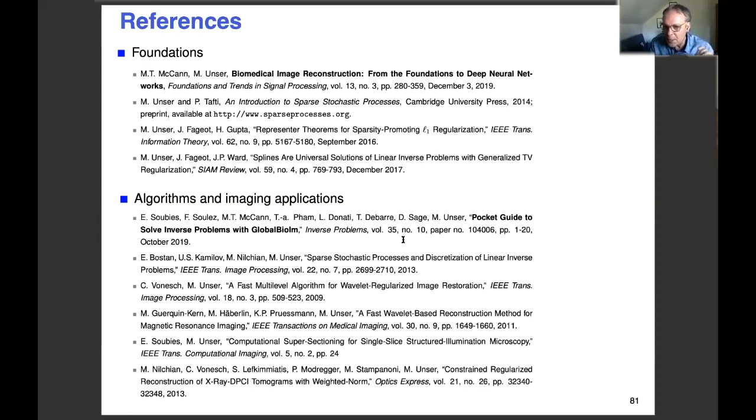On the algorithmic side, Paul has been describing to you the global bioimage library. There's also a paper published in Inverse Problems that explains the philosophy a little. And here are some other papers on application of the framework for sparsity-promoting image reconstruction.